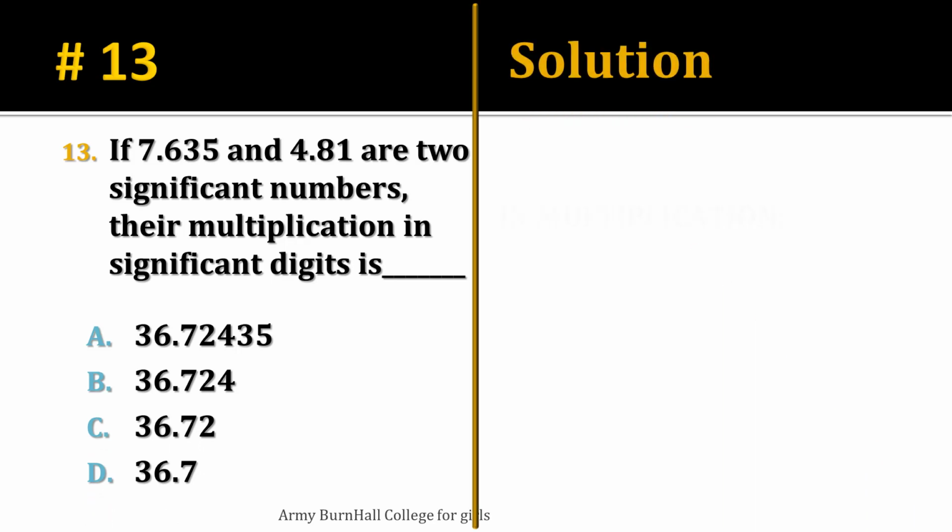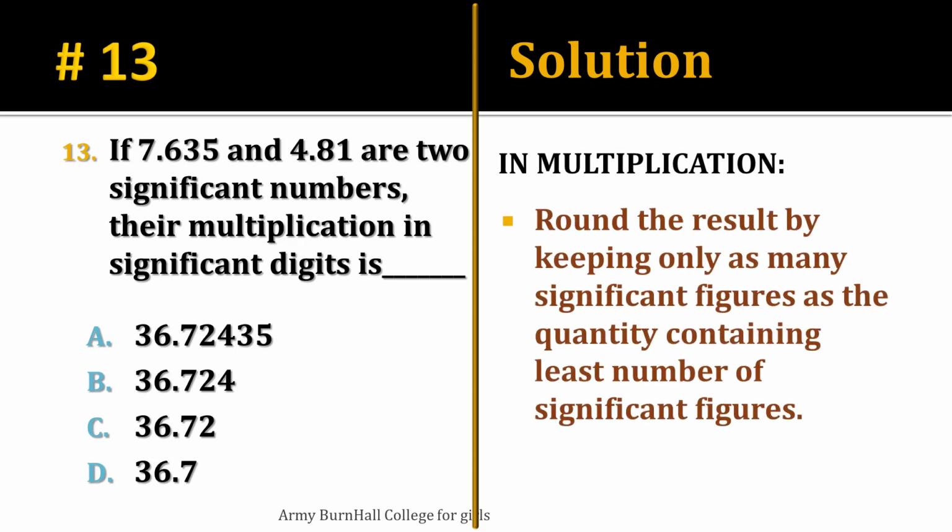We will simply apply the rule of multiplication, that is, round the result by keeping only as many significant figures as the quantity containing the least number of significant figures. Over here 4.81 contains the least number of significant figures, which is 3. So we will only keep 3 significant figures in the answer. So option D is correct, 36.7, which is having 3 significant figures.